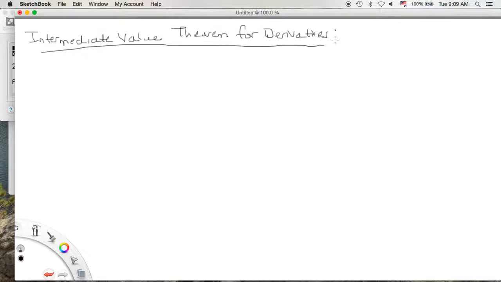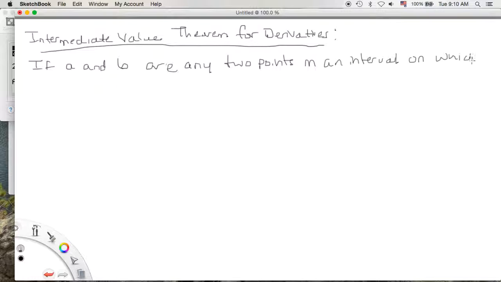If you have some x values, a and b, any 2 points in an interval on which f is differentiable.